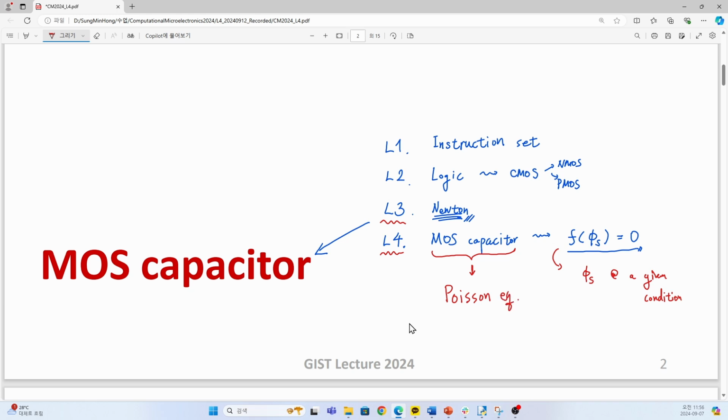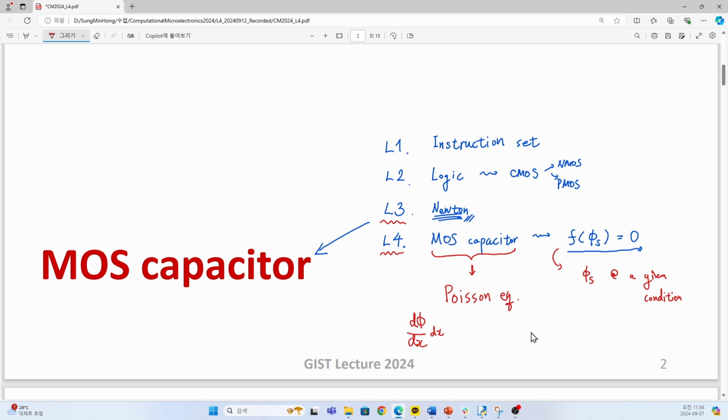By multiplying just d phi over dx, we integrate it, and with the help of a specific form of electron density and hole density, we were able to analytically integrate this Poisson equation.